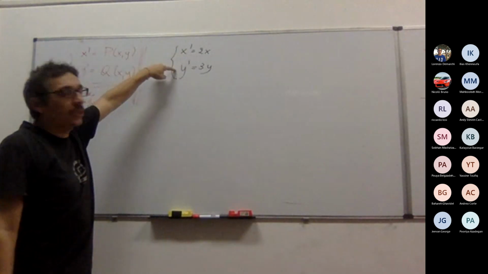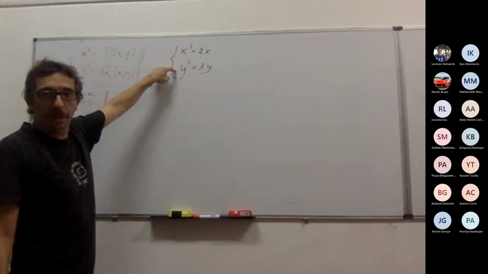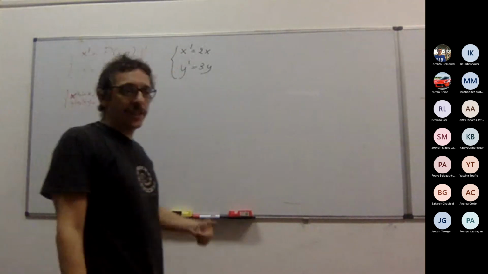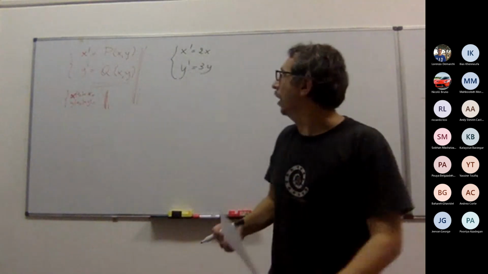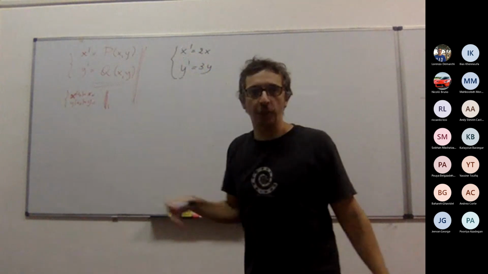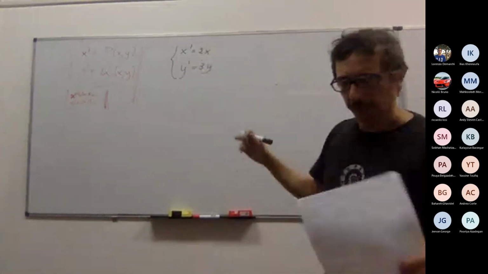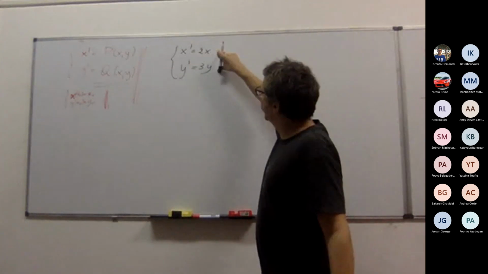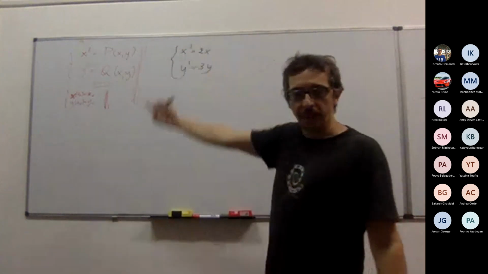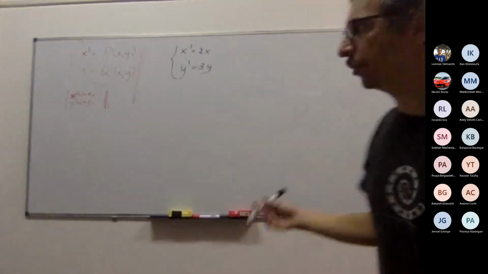The second equation is y prime equal to 3y. Again, this is an autonomous system because the prime is differentiation with respect to t, or whatever, t, z, call it as you like. And the system does not depend on this independent variable. So the system is again an autonomous system.